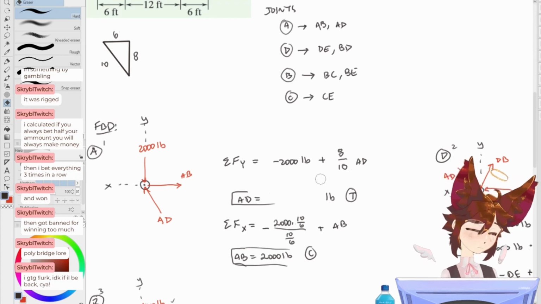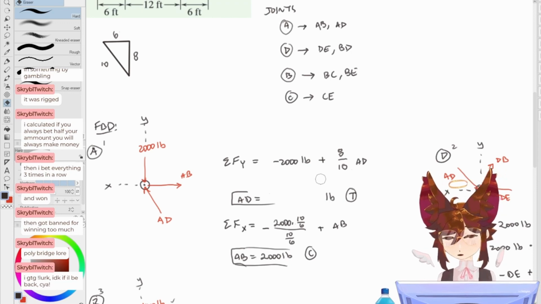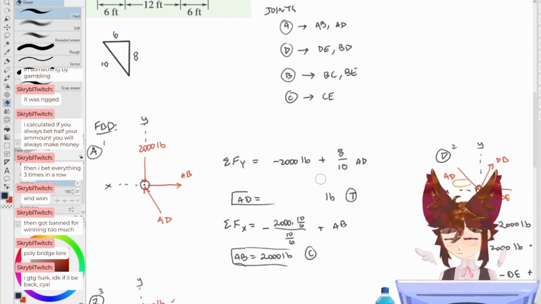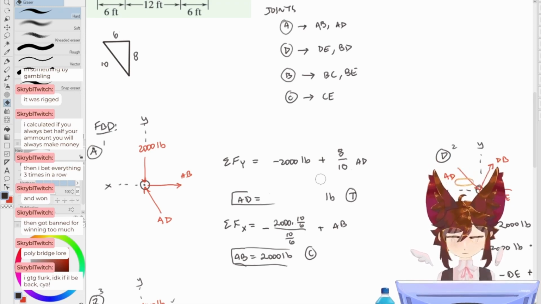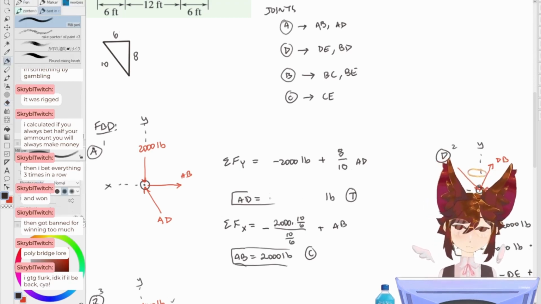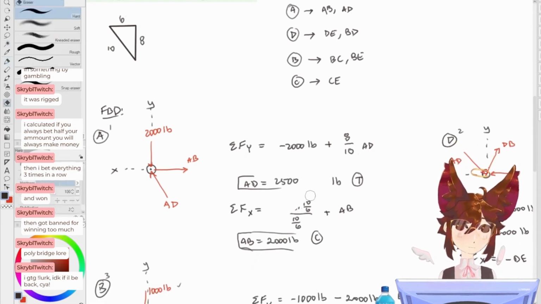Okay, we're gonna have to calculate things. Sadly. Okay. 2000 times 10 divided by 8 is 2500. So 2500. Now, I'm gonna get rid of this.